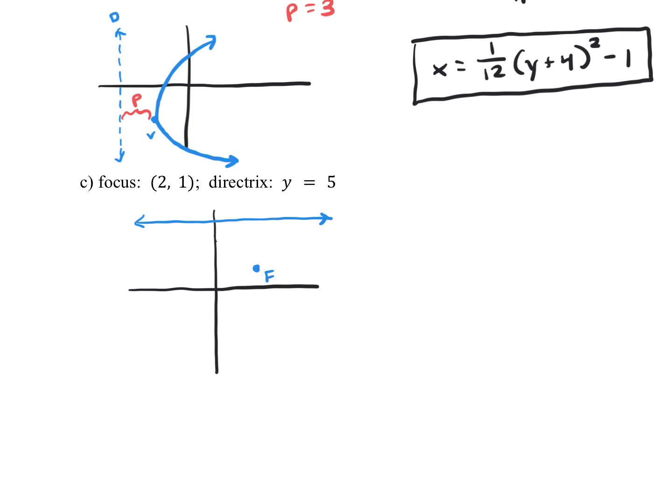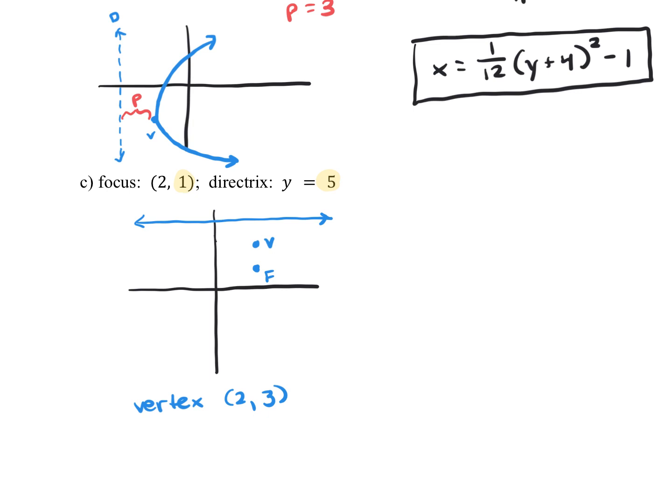I know that the vertex is always going to be halfway between these values. Halfway between 5 and 1 will be 3. So our vertex is going to be at (2, 3). Again, it's halfway in between 1 and 5.